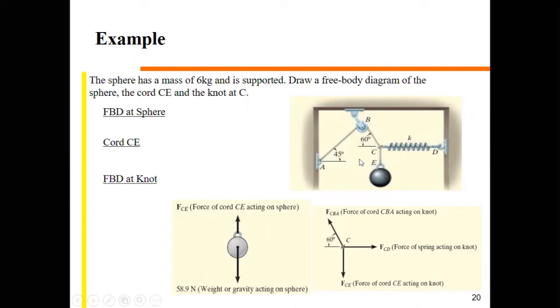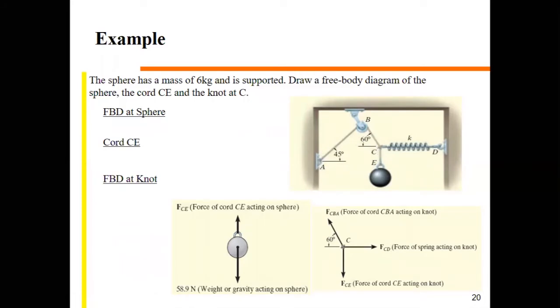The mass is 6 kg, supported by a spring fixed at G, one knob at point B, and the string is fixed at point A, and there is a knob at C where the sphere is hung.